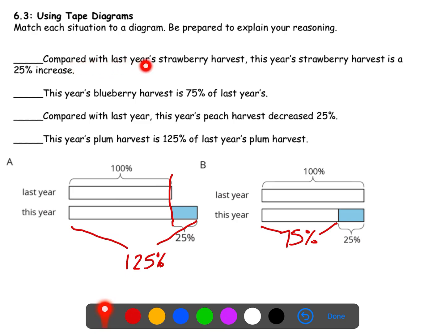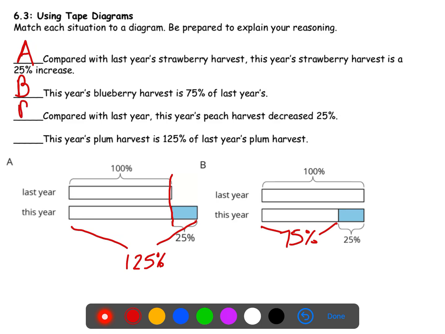Comparing this last year's strawberry harvest, this year's strawberry harvest is a 25% increase. That was definitely represented here with A, with an increase compared to last year. The next one says this year's blueberry harvest is 75% of last year's harvest. We've gone down, we've decreased, so we're referring to diagram B. Compared with last year, this year's peach harvest decreased 25%.